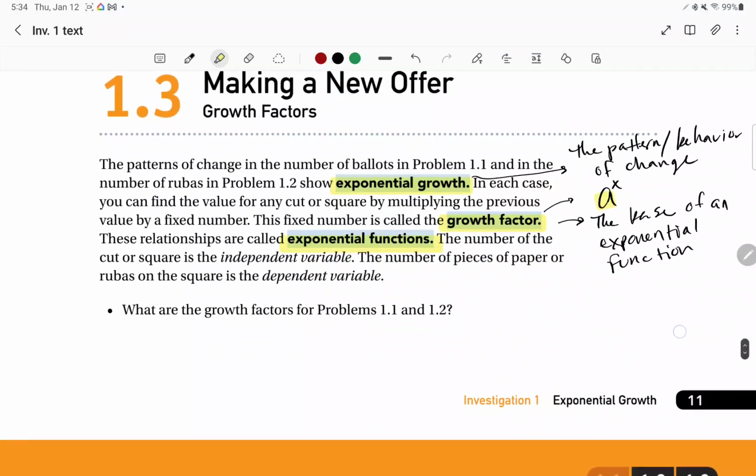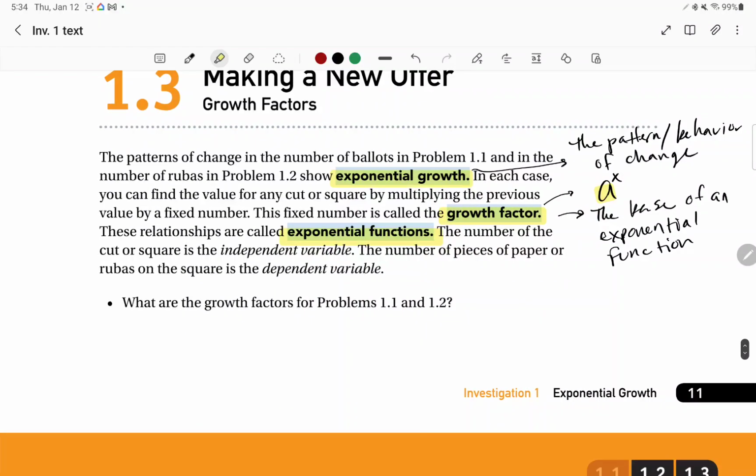Now you also have what's called the independent and dependent variables that we have to talk about. And if we think back to the ballots question, the number of the cuts, that would be your independent variable.